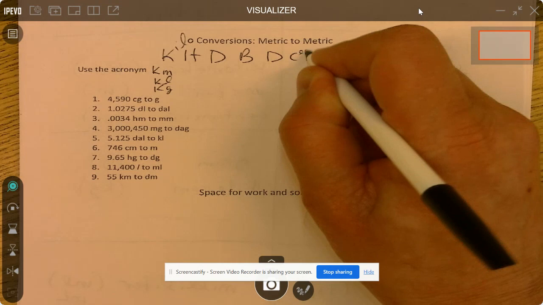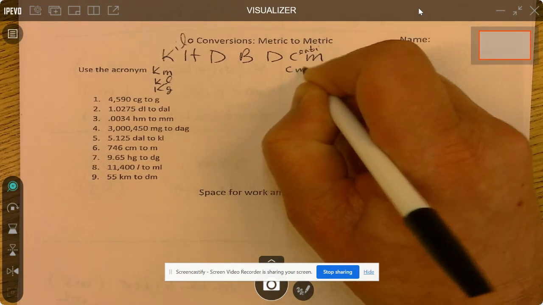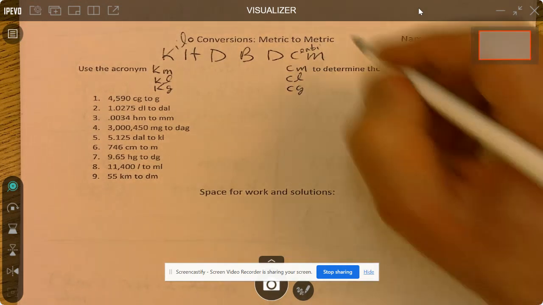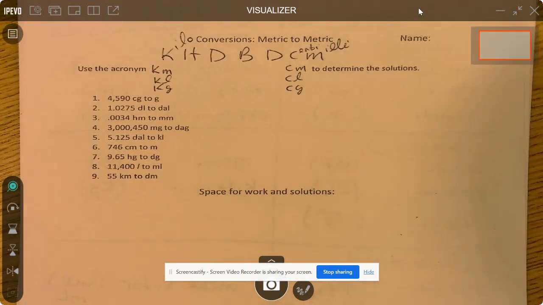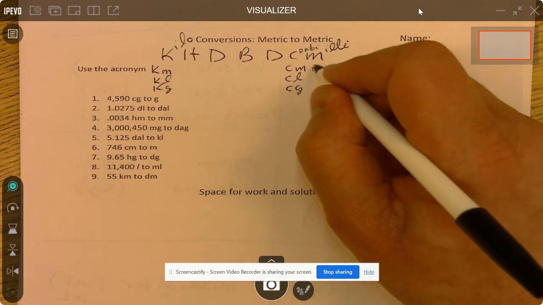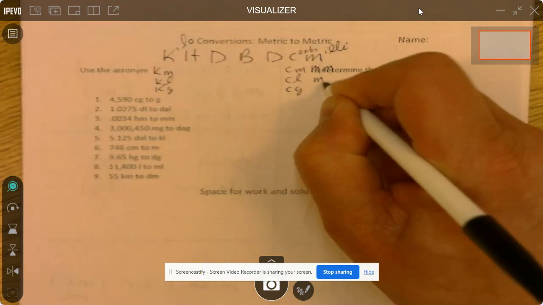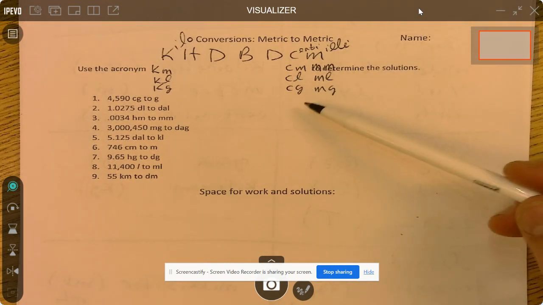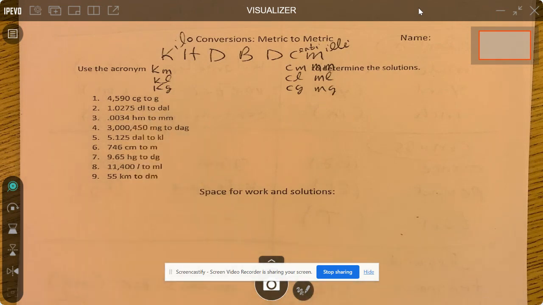C is our centi, which stands for centimeter, centiliter, or centigram. M on this end, smallest of all, stands for milli, which gives me millimeter, milliliter, milligram. The smallest is milli. Centi is a little bigger than the smallest. Kilo is the biggest. That's kind of how it goes.